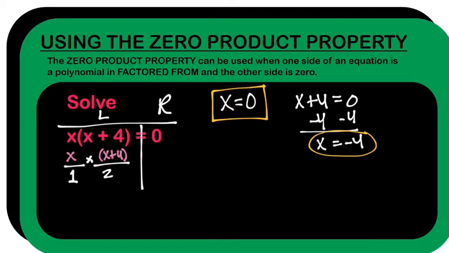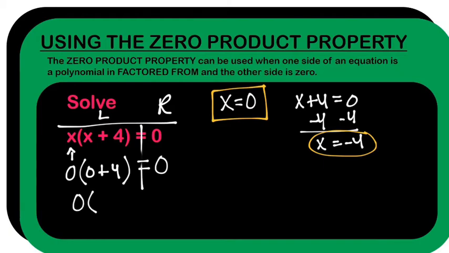So I'm going to start out by checking x equals 0. I'm going to replace the x in the front with 0, and I'm going to replace the x in the parentheses with 0. And I'm trying to make it equal the right side, which is 0. So the 0 in the front, I can't do anything to that.